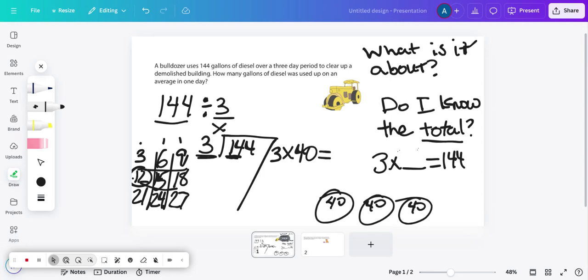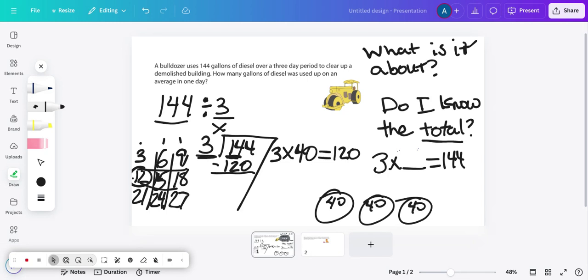Now we have to find out of the 144 gallons that we had, how much did we just use or give away? 3 times 40 is going to be 120. Since we're using that amount of diesel or giving it away to our 3 groups, we have to show that in our Big 7 by subtracting it out. So we're going to minus 120. And now we're going to see how many gallons of diesel we have left.